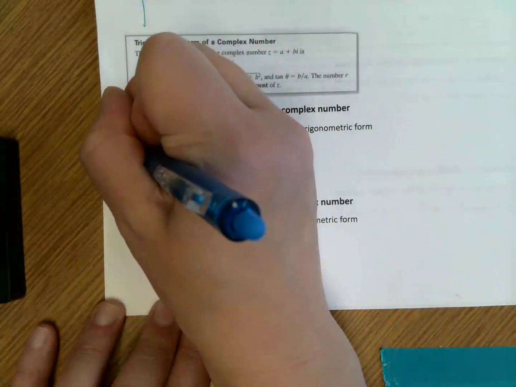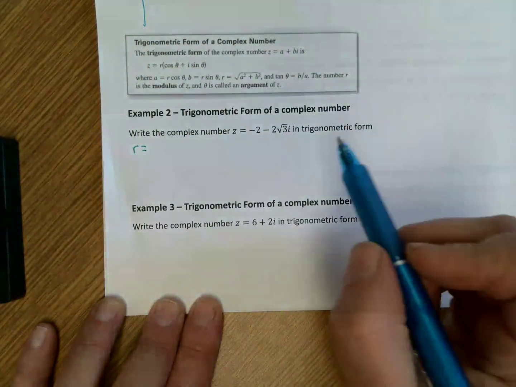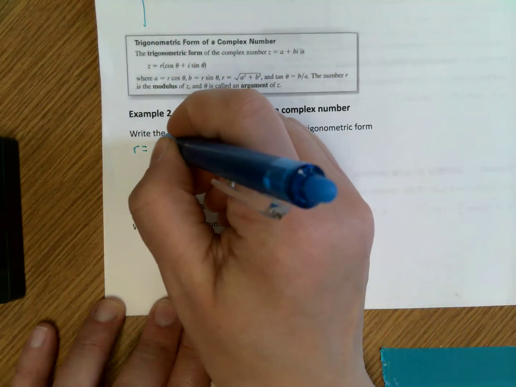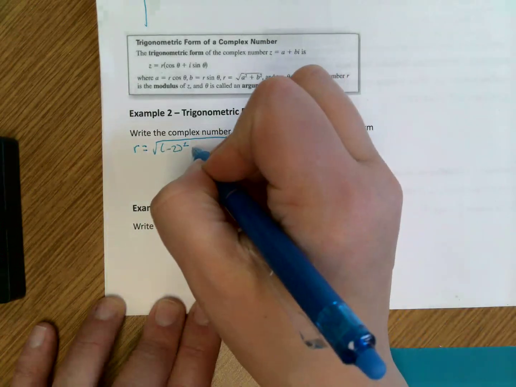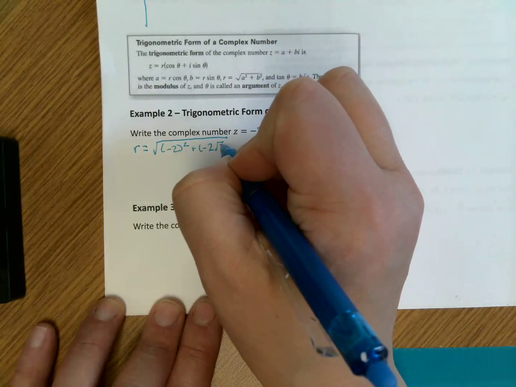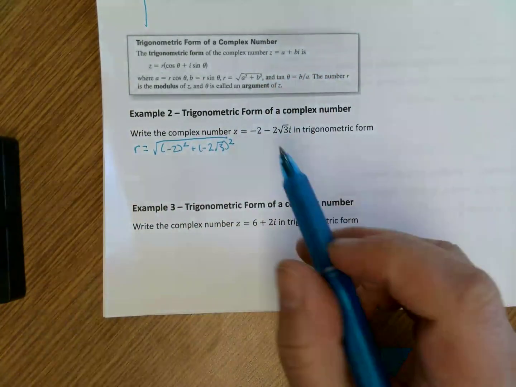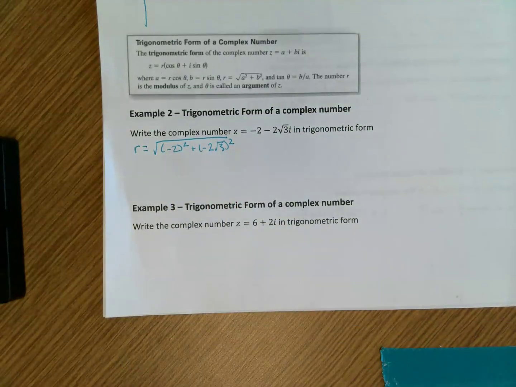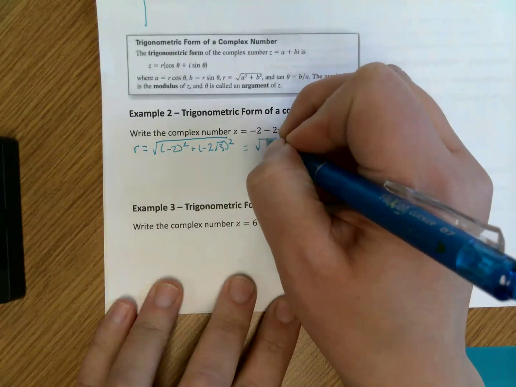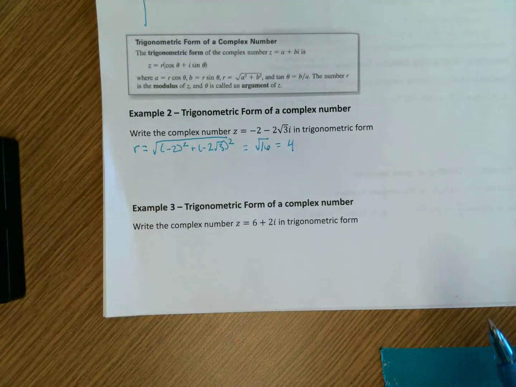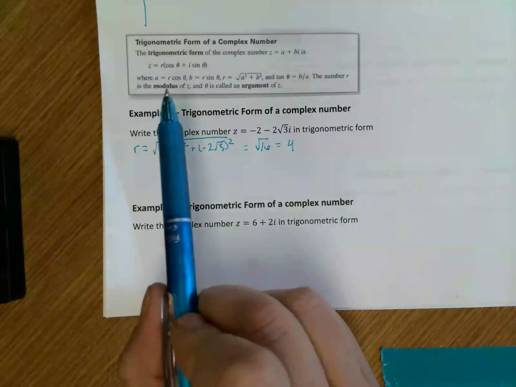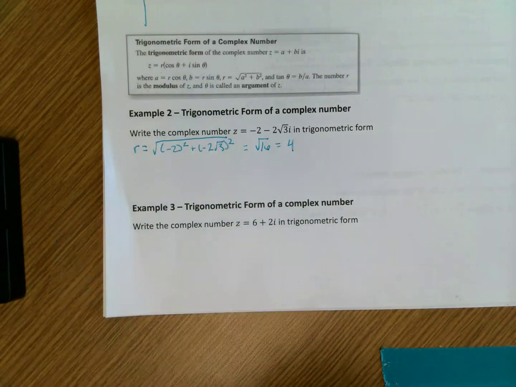First thing I'm going to do is find my r value, our magnitude. In this case, it's going to be the square root of -2 squared, our real part, plus -2 square root of 3 squared, our imaginary part, which becomes the square root of 16, which is equal to 4. So that's our first step. Now we have to figure out what angle we're talking about, because we have this theta, that's our angle.